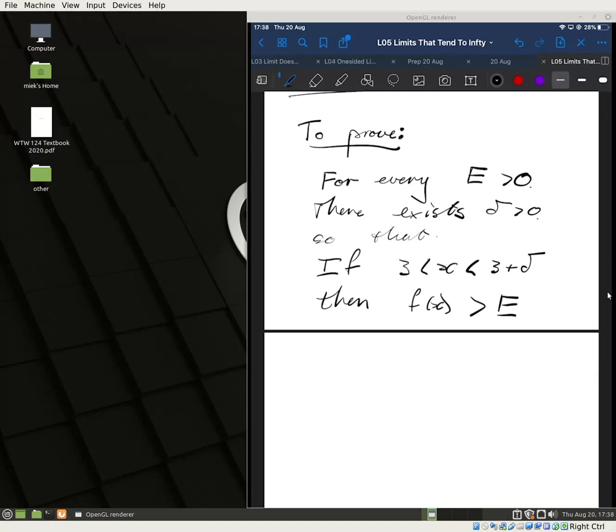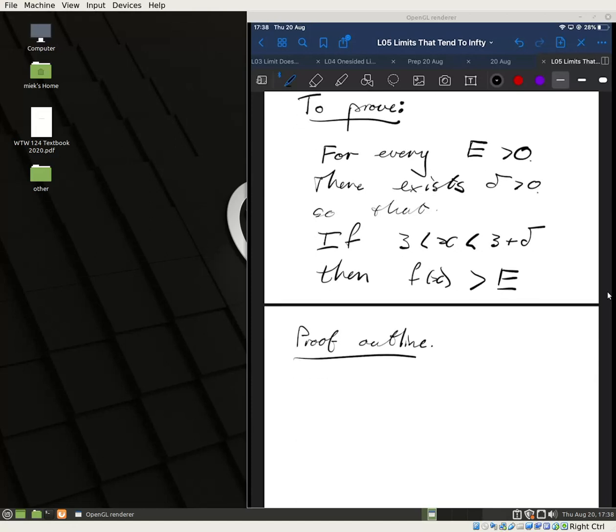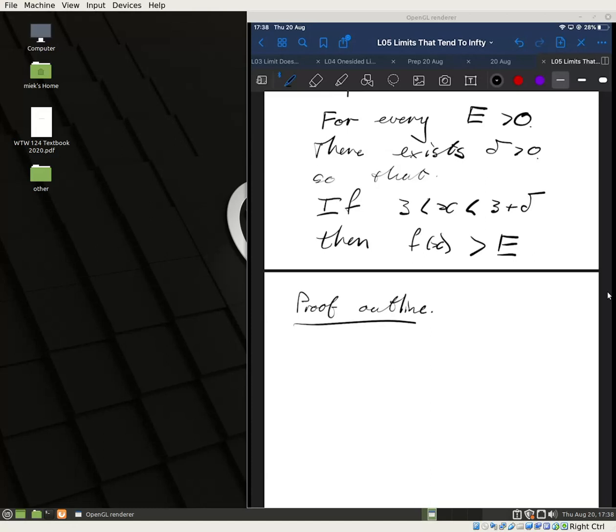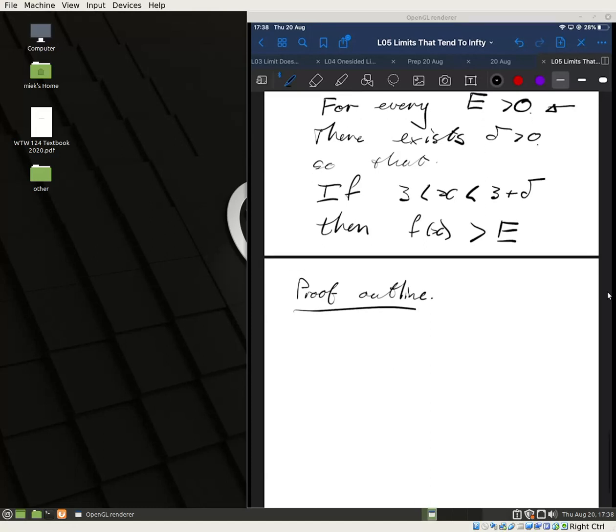Let us write out our proof outline. So this is our plan. We want to show for every E, so we fix any E greater than 0.